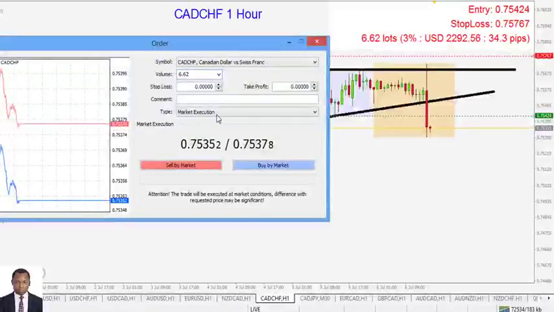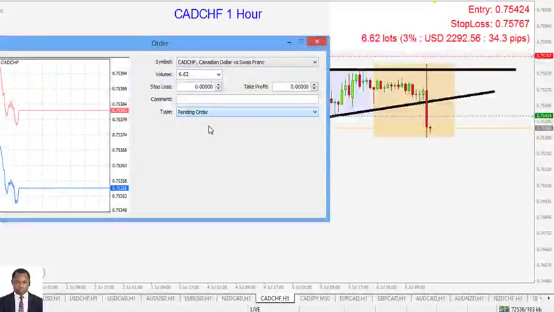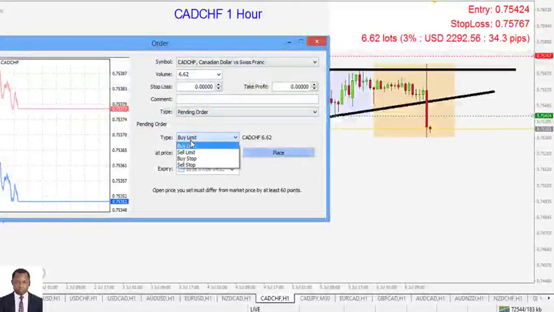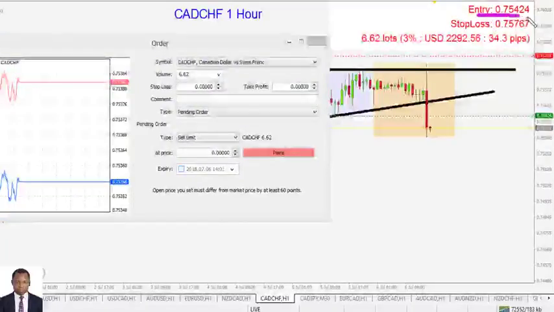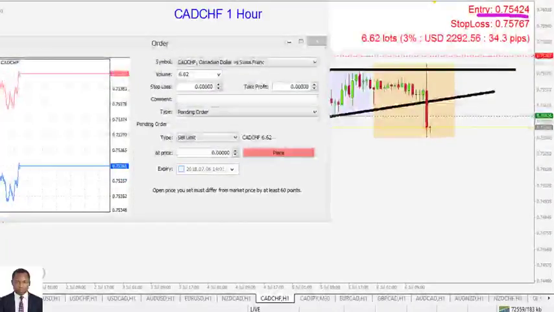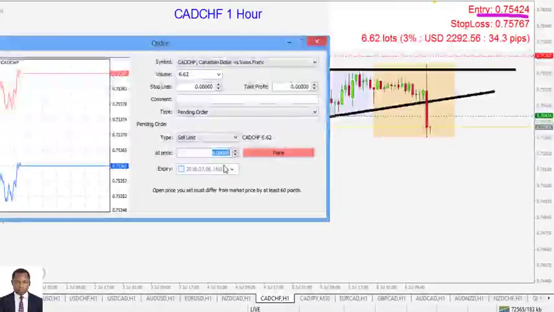It's a pending order, a sell limit order. Don't forget, sell limit at what price? Entry 0.75424. 0.7542, okay, 42. That's all right.